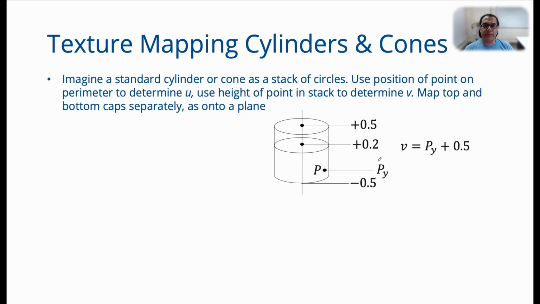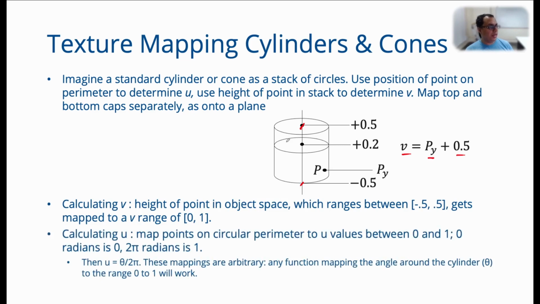We saw how to texture map flat surfaces of cuboids. Now, what if you want to texture map more complicated things like cylinders and cones? That is also very easy. You just have to unwrap the surface of the cylinder to this UV square. The height of this cylinder is used to figure out the V coordinate. So we say that the height of the cylinder varies from minus 0.5 to plus 0.5. Then the V coordinate is the Y value plus 0.5.